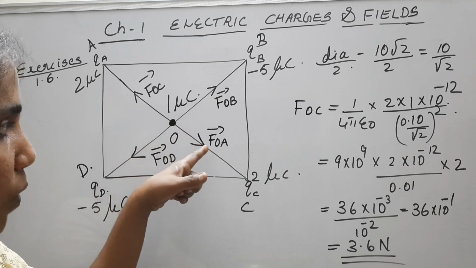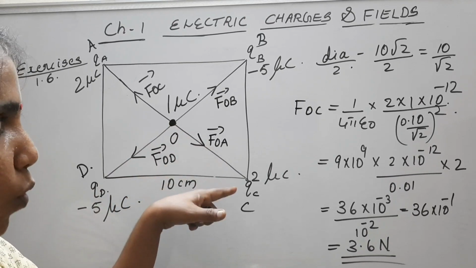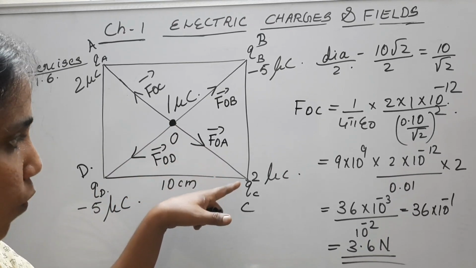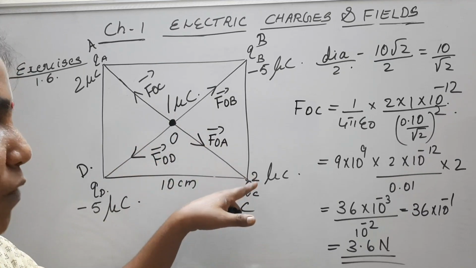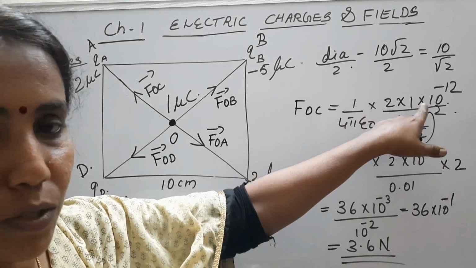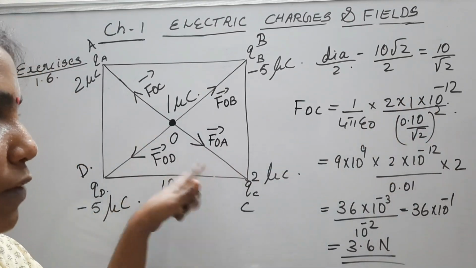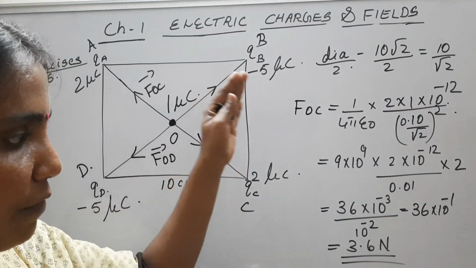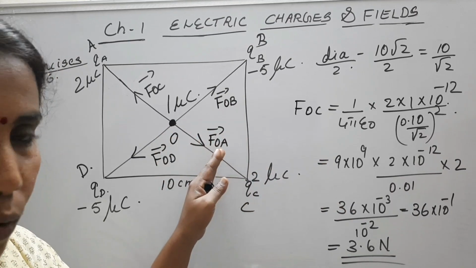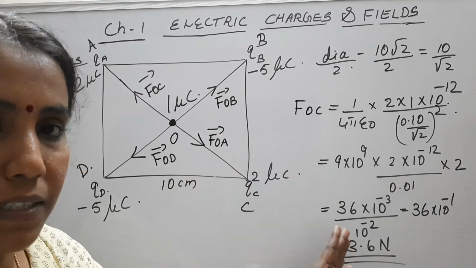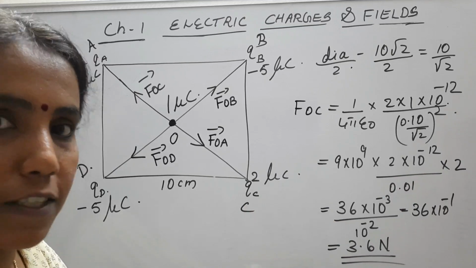Now let's think about FOA. Here also the two charges are the same in magnitude, 1 and 2 microcoulomb, and the distance involved is also the same. So the magnitude of FOA will be the same value, 3.6 Newton.